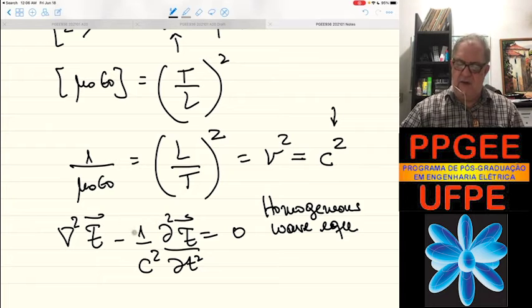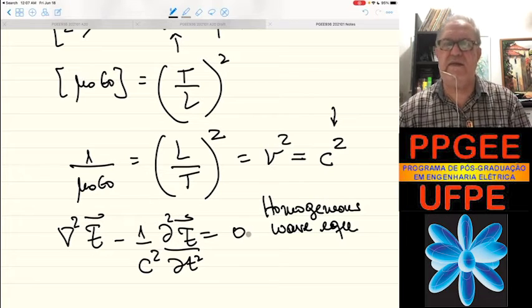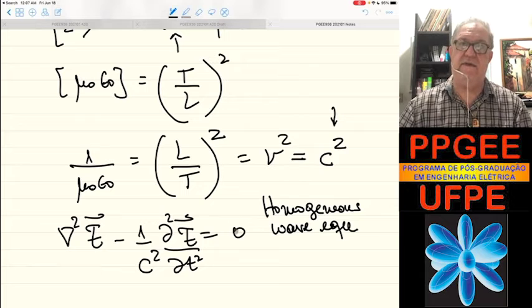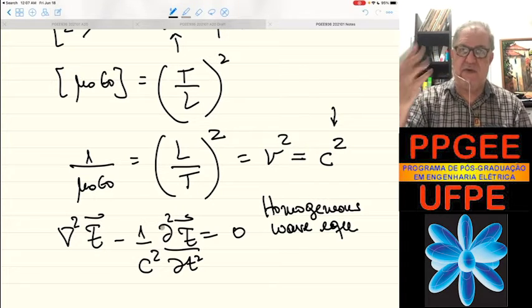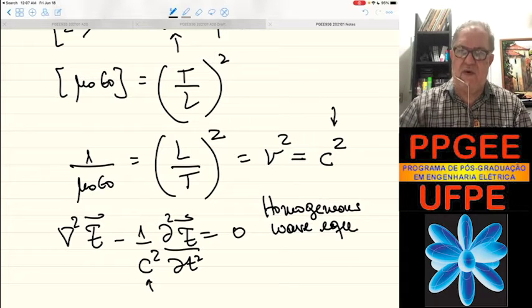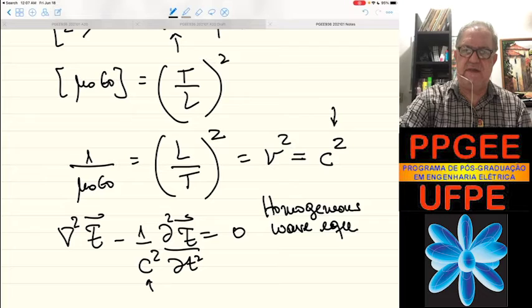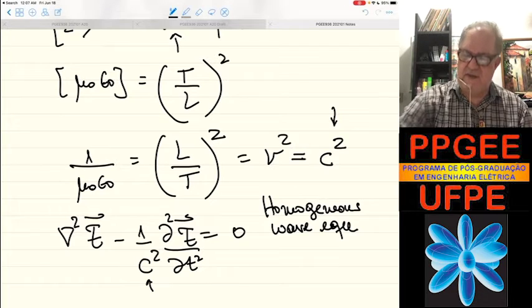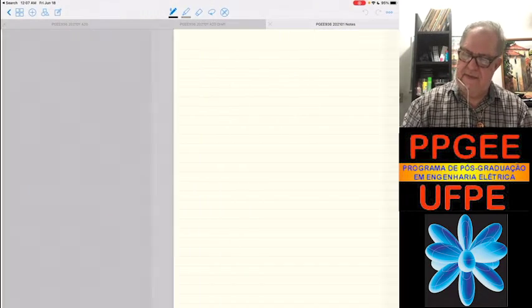And this is homogeneous because there's no source, there's no stimulation quantity on the right hand side. That stimulation quantity would be a vector in this case here, okay? Because it's a vector equation, there are 3 differential equations in fact. So before we go, let's calculate this parameter, this number, what do we get, right?